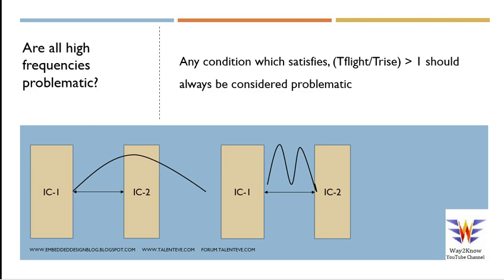So if flight time by rise time is greater than 1, then all the high speed signals we are talking about should be considered. When we say should be considered, we might have to perform a simulation or understand the scenarios and how they are going to get affected. We have to take into consideration the PCB materials which we talked about, understand the IC packages that are used, and be aware of how the manufacturing processes work and how tolerances happen.